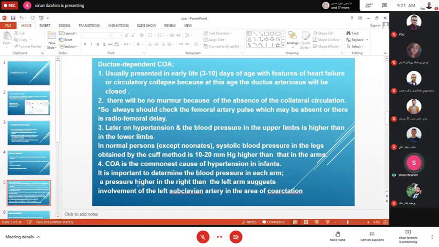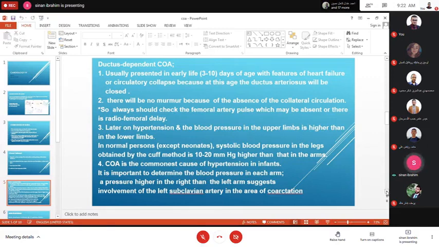It is important to determine the blood pressure in each arm. A pressure higher in the right than the left arm may suggest involvement of the left subclavian artery. This is a sign of coarctation, and it is important. If the left subclavian is involved, we will see a difference in blood pressure between the left and right arm.